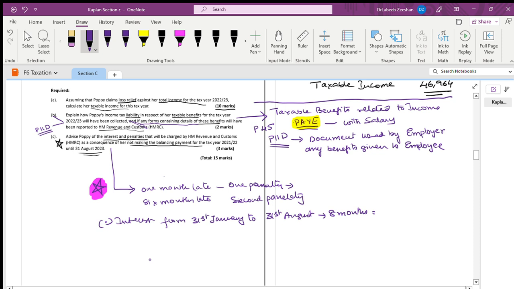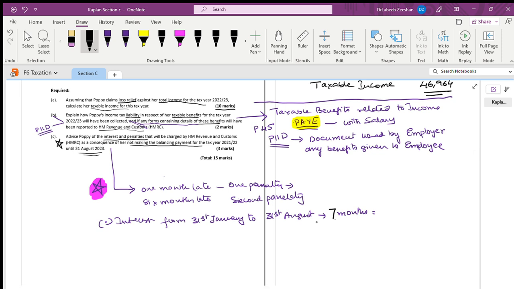February, March, April, May, June, July, August. 7 months, sorry. It will be for 7 months.